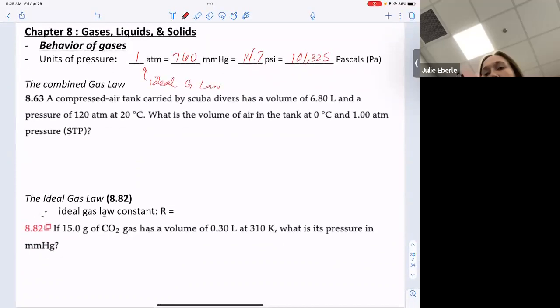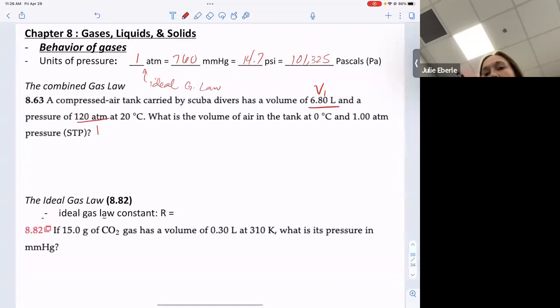A compressed air tank carried by scuba divers has a volume of 6.8 liters and a pressure of 120 atm at 20 degrees Celsius. What is the volume of air in the tank at 0 degrees Celsius and 1 atm pressure? So let's just go through and label. Here's a volume that we're given. This must be V1. Here's the first pressure, so this is P1.